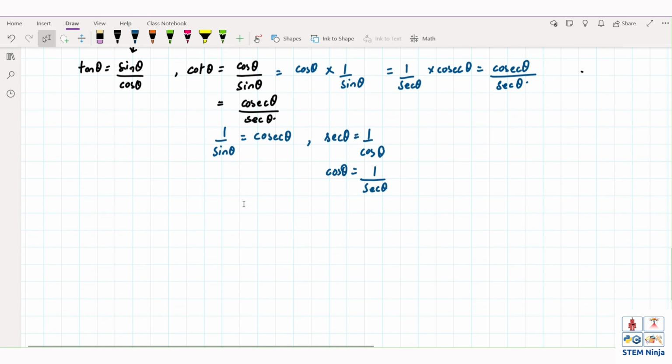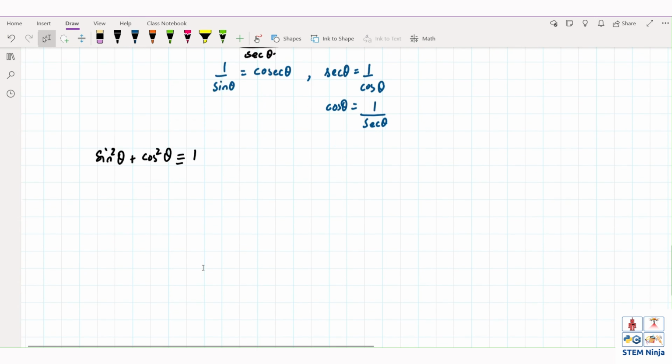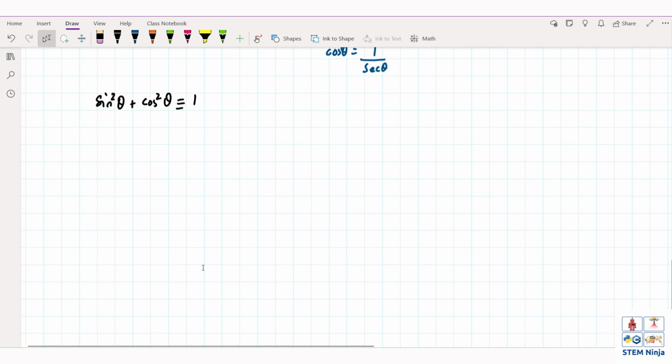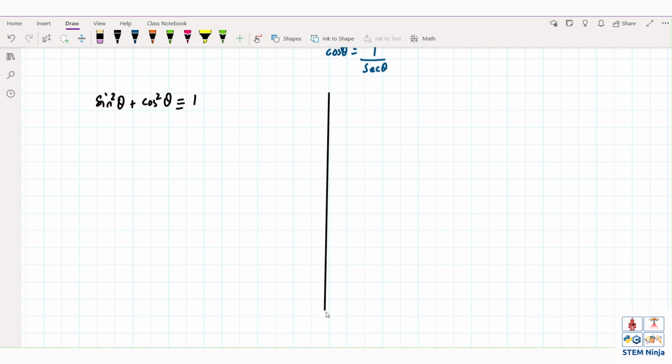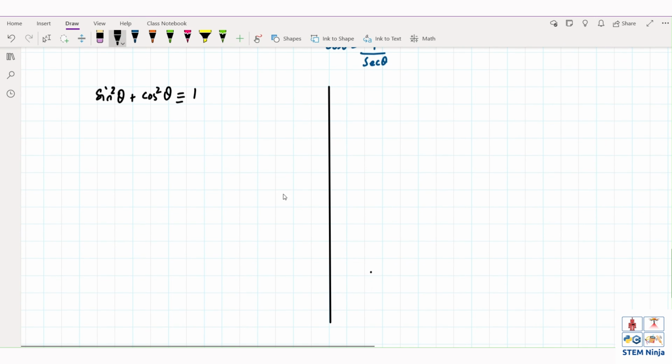Furthermore, we also learned in P1 about sine squared theta plus cos squared theta identical to 1. Now, if we make some slight changes to this, we can create identities and relationships with the reciprocal functions also. So let's see.